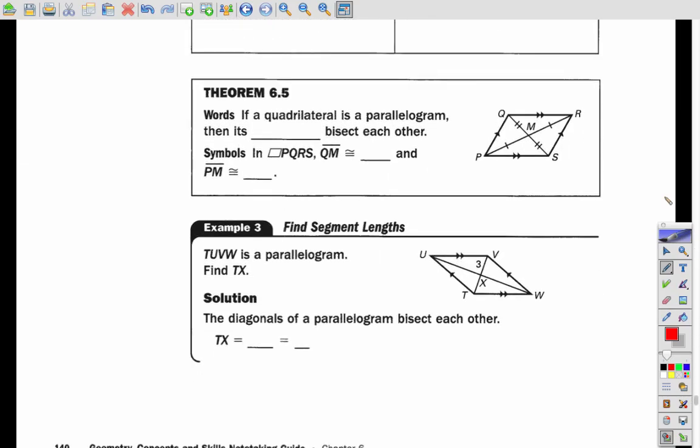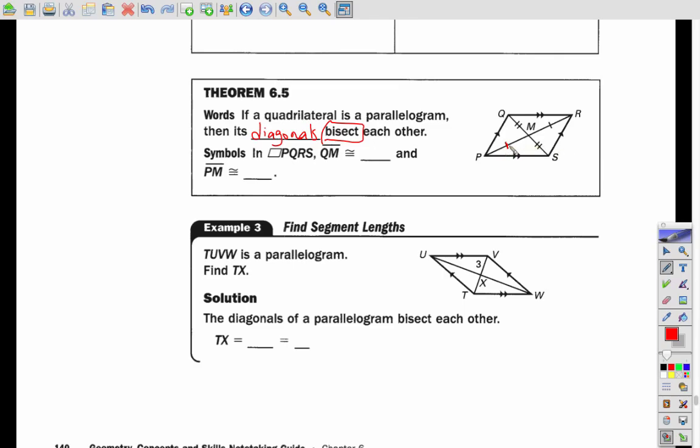And here is the last theorem of the day and also the last example. So let's take a look here. It says, if a quadrilateral is a parallelogram, so I have a parallelogram here, then its diagonals, meaning PR and SQ, bisect each other. So diagonals bisect each other.